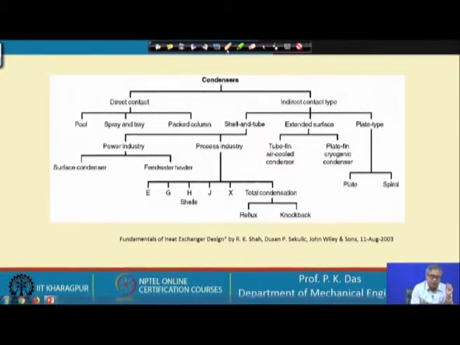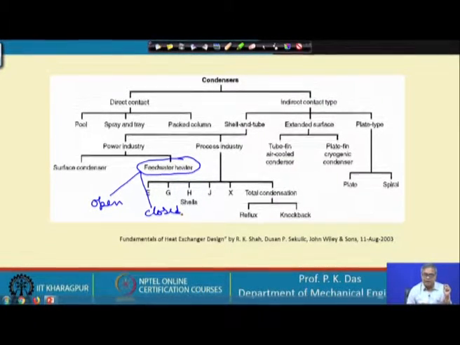So, the feed water heater, let us say, has two types: one is open and another is closed. When it is closed, it is an indirect type heat exchanger, and when it is open, it is nothing but a direct contact type heat exchanger.